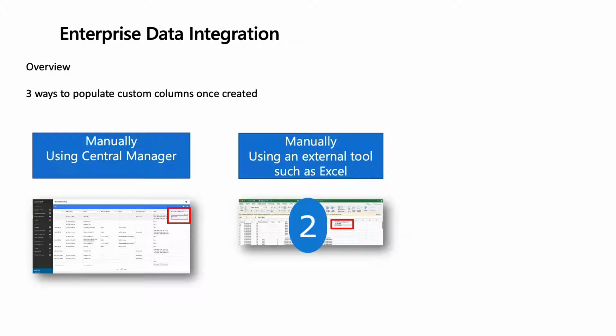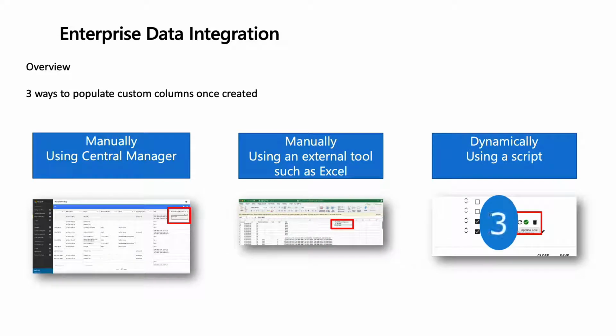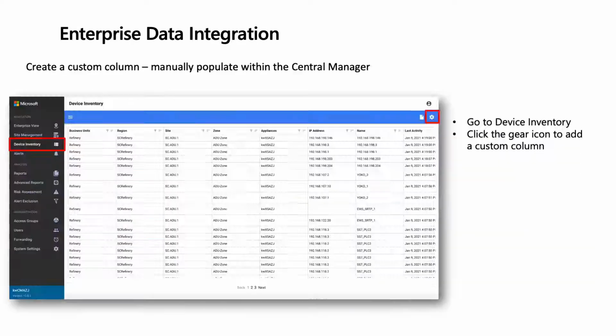Sometimes you can use the formulas and copy and paste in Excel. It might be a little faster. And then the third way would be dynamically using a script. If possible, obviously this is the preferred way. It's automatic and then refreshes periodically. So once you set it, you can pretty much forget about it.